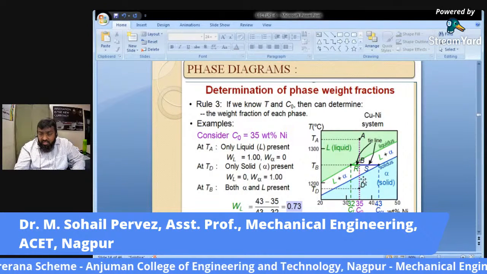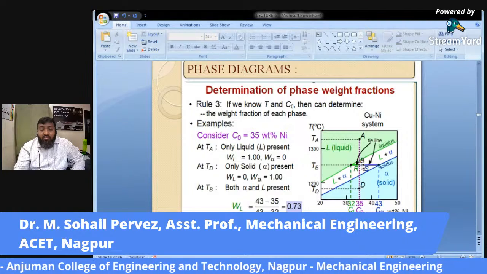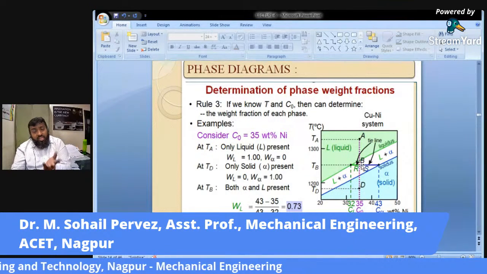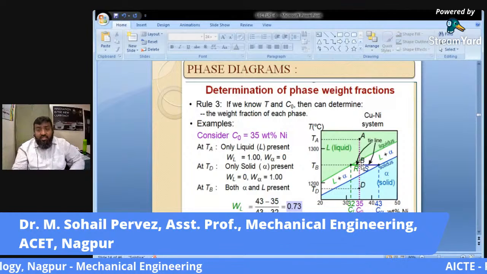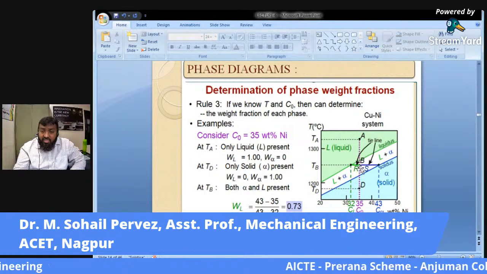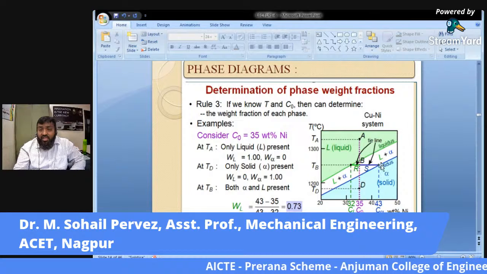Now the problem is at point B, because B lies at liquid and solid phase. That's the mixed phase. At this point, we have to draw this tie line.